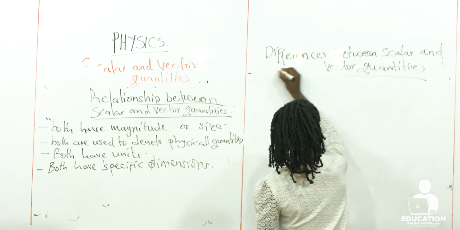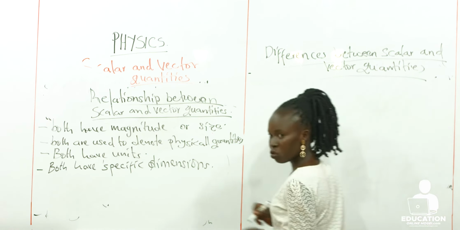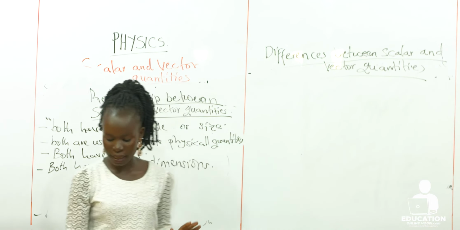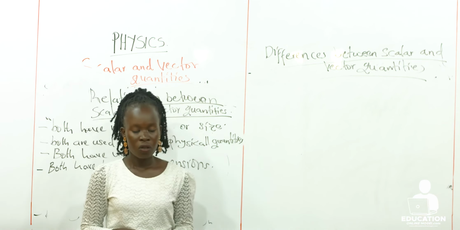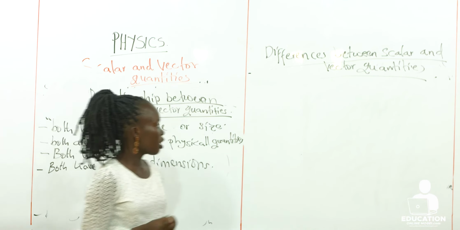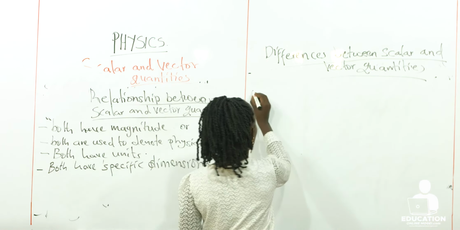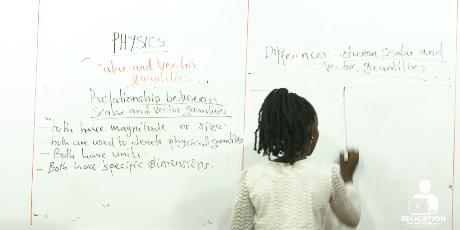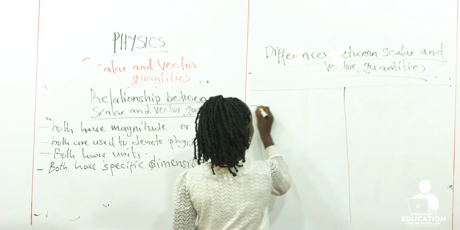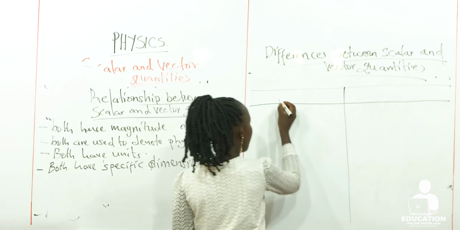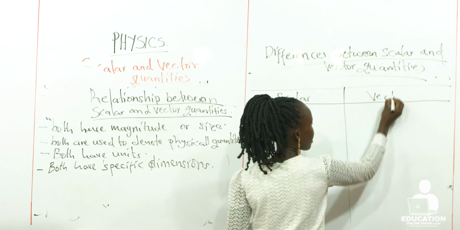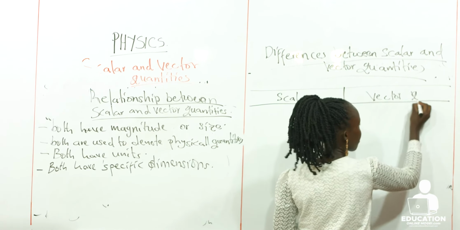So what are those things that distinguish the two? So we can still have from our definition. Let us have it in form of a table so that we don't get confused that much, where we're going to have our scalar quantities, and then here we shall be noting the differences under vector quantities.